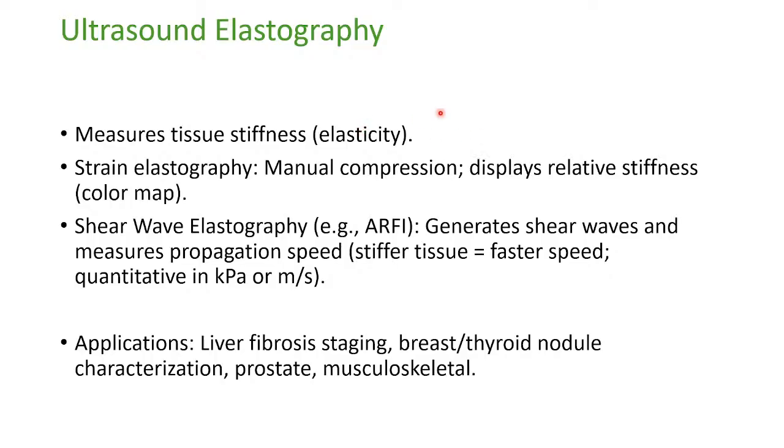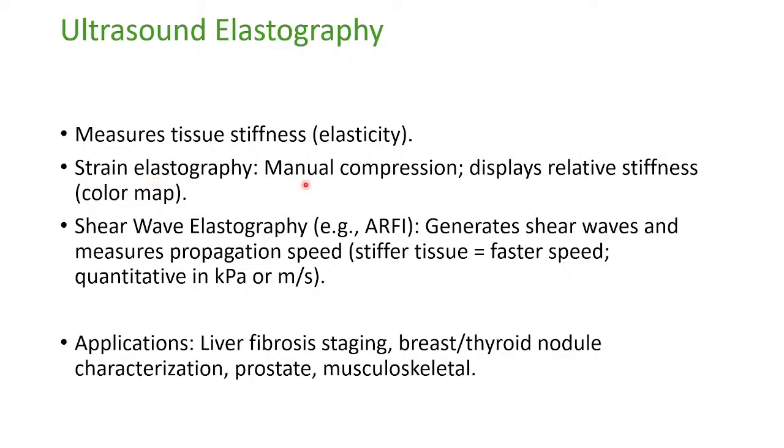So we expect that the tissue deformation, if you put compression, is supposed to be almost the same or homogeneous. But when there's a mass or lesion, let's say there's cancer there, because the cancer cells have got different density and stiffness, they're going to deform differently. So the different deformations are the ones that we use now to distinguish normal and abnormal pathology.